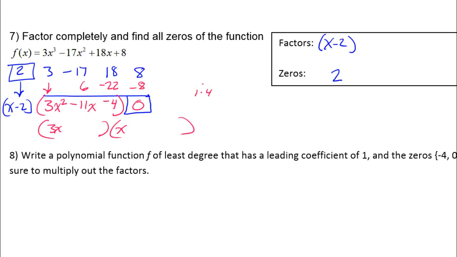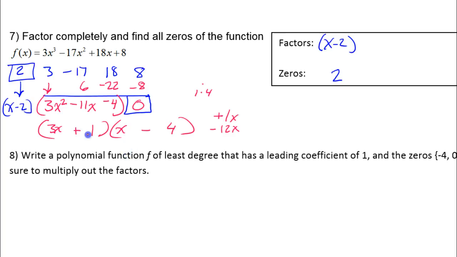Alright, so now I'm going to try the 1 times 4 option. Again, inner plus outer equals middle. Inner, I've got 1x. Outer, I've got 12x. I'm trying to make negative 11. So I can get negative 11 if this is positive and this is negative. So positive, negative.